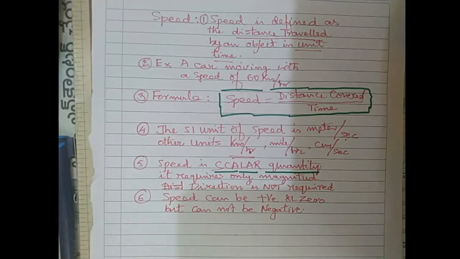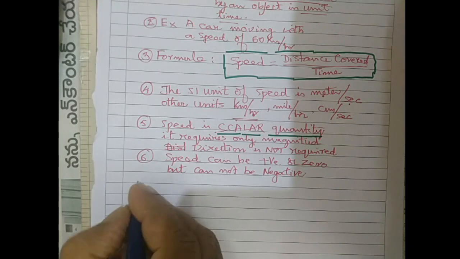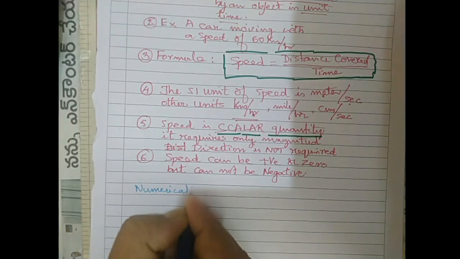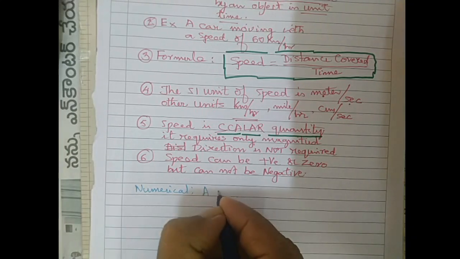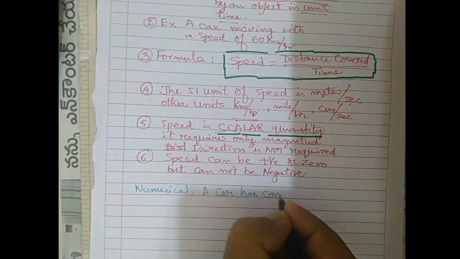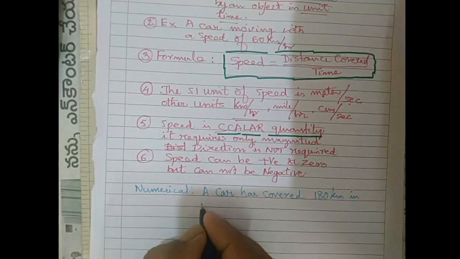Now, let me tell one simple numerical. Then after I will go to velocity. Just one small problem I'll tell you. Let us say that a car has covered 180 kilometer in 5 hours.